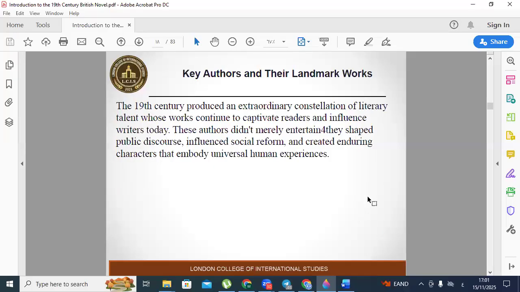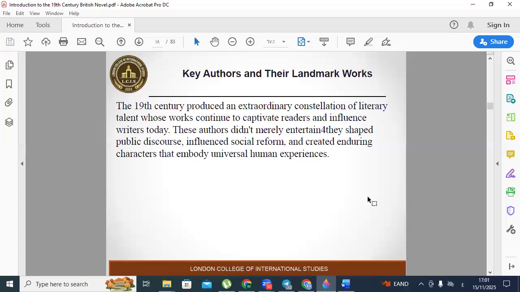It's worth pausing to appreciate how remarkable this period was. Think about this list of authors: Austen, Dickens, the Brontës, George Eliot, Hardy, Wilde, Collins, and many others. This concentration of genius in a single century, in a single nation, is extraordinary.